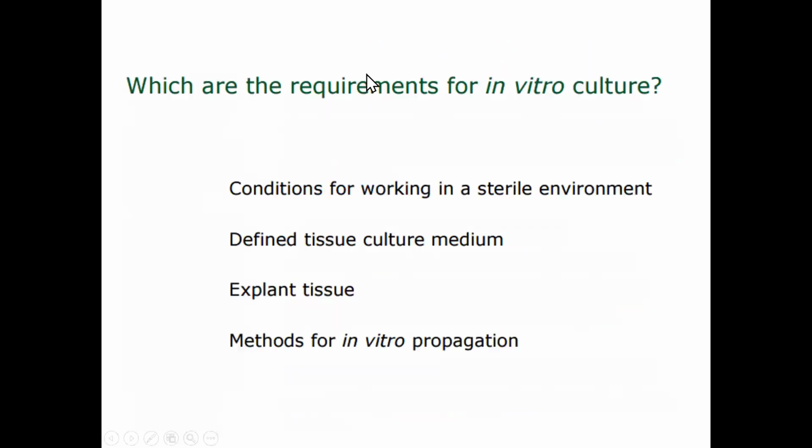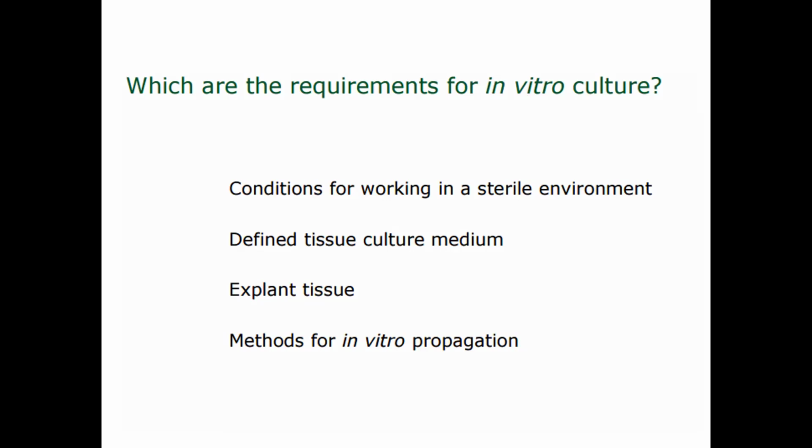MS medium is also called the universal tissue culture medium. Which are the requirements for in vitro culture? Previously, I told you in vitro means in glass culture. Conditions for working in a sterile environment: you must ensure that the conditions for your work are free from any contamination, that is, a sterile environment, no germs, no microorganisms, because in the atmosphere, lots of microorganisms are there.